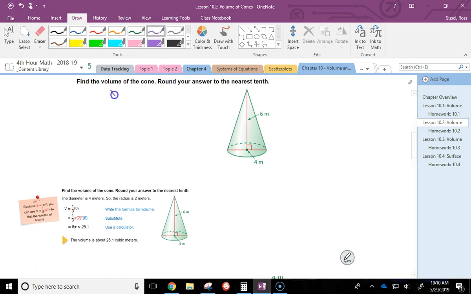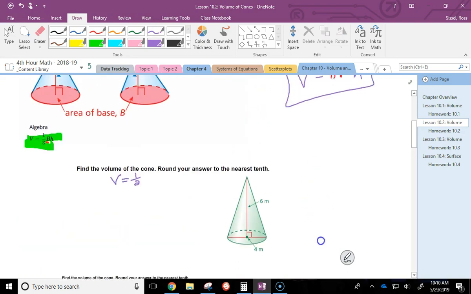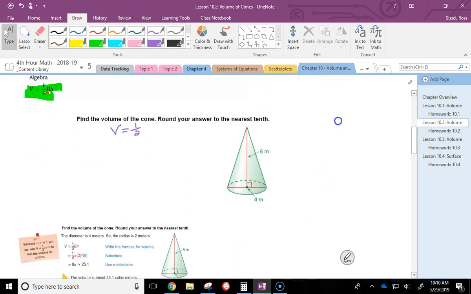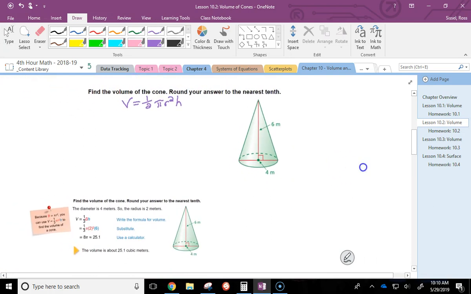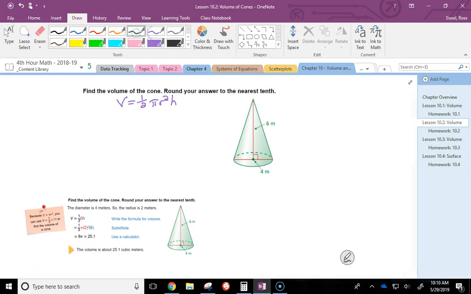Okay, so we're going to use volume equals 1/3, and we just said base is pi r squared, times height. Now, when I do my work, all I ever do is list the things that I know. My height is 6. What is this 4? Diameter. Diameter is the full length of the circle through the center of it, right?